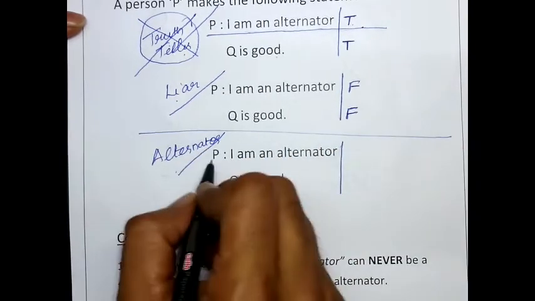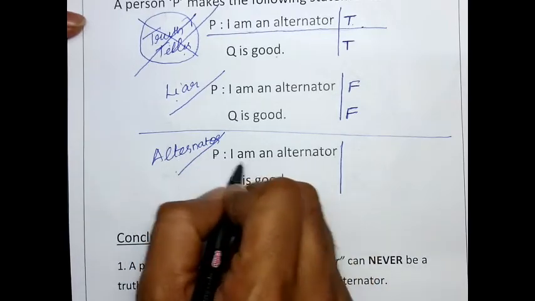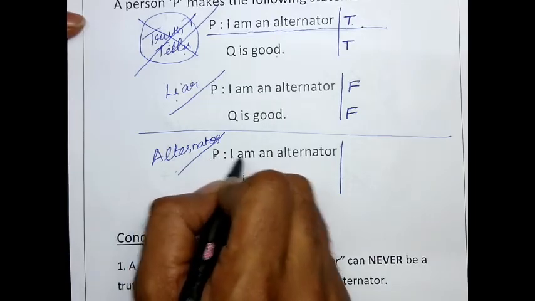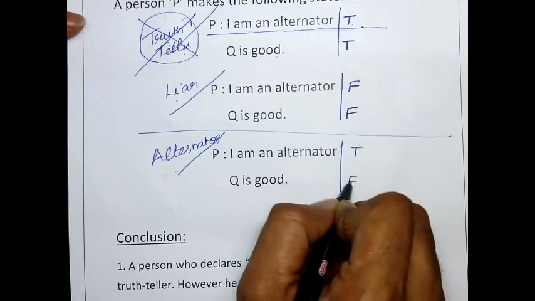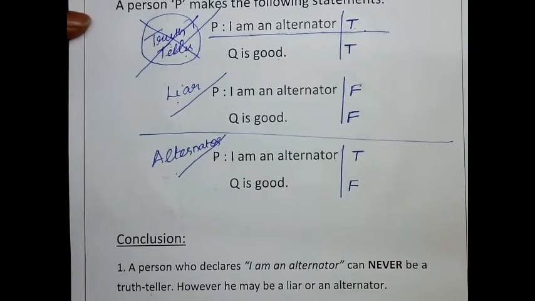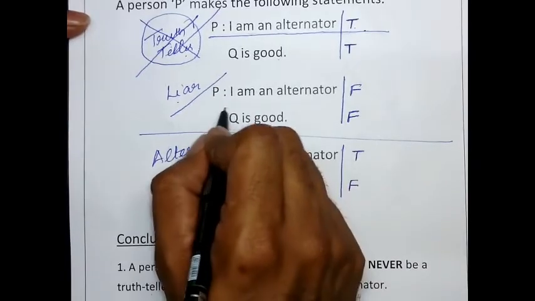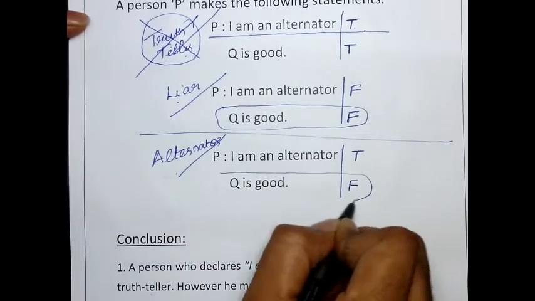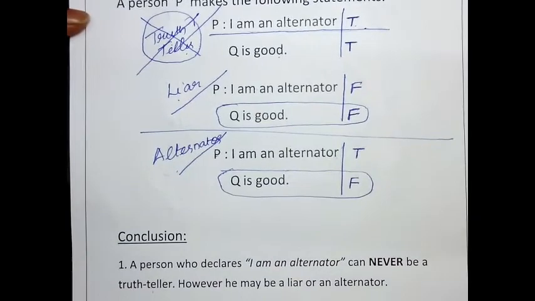If the person is considered an alternator, then P is assumed to be an alternator. P says P is an alternator, which is true, which means the second statement has to be false. You can now note something very interesting. The statement that immediately follows I am an alternator is definitely appearing to be a false statement.